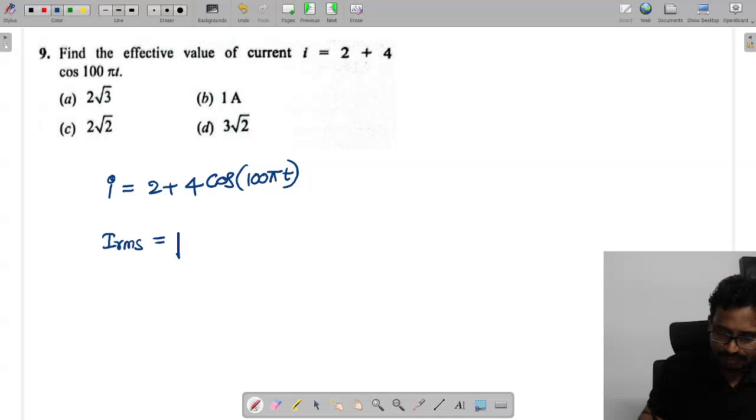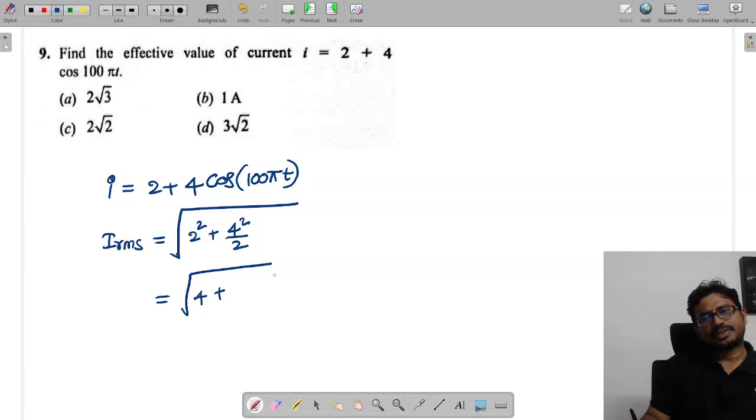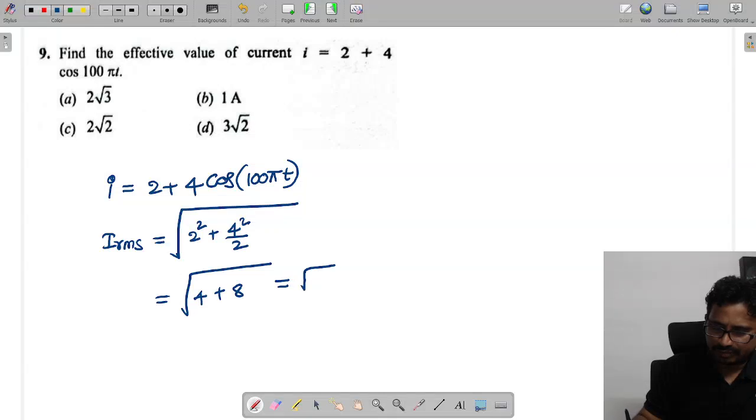It is equal to the square root of 2 squared plus 4 squared by 2. That is 4 plus 16 by 2, which is 8, so we get root 12, that is 2 root 3.